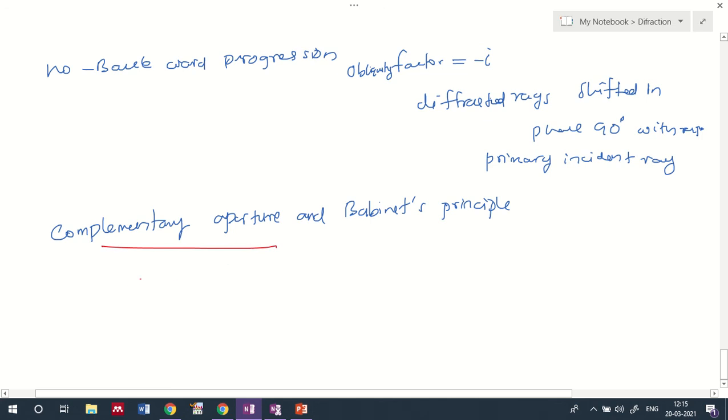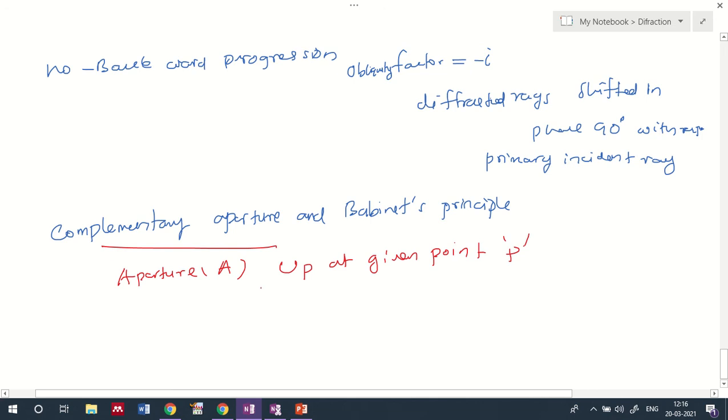We consider the aperture here as A. Consider a diffracting aperture A that produces a certain optical disturbance UP at a given observing point P.